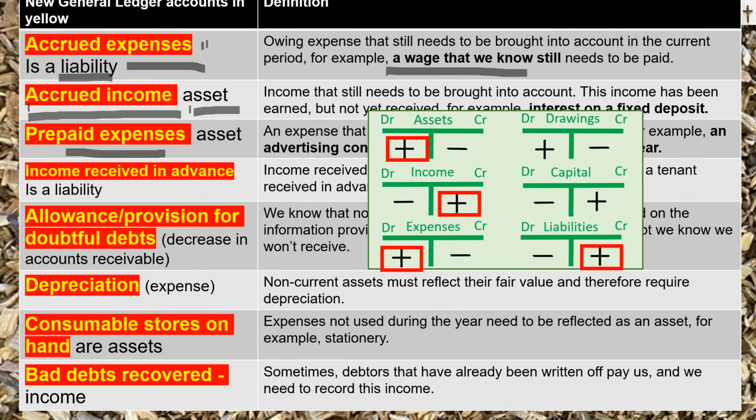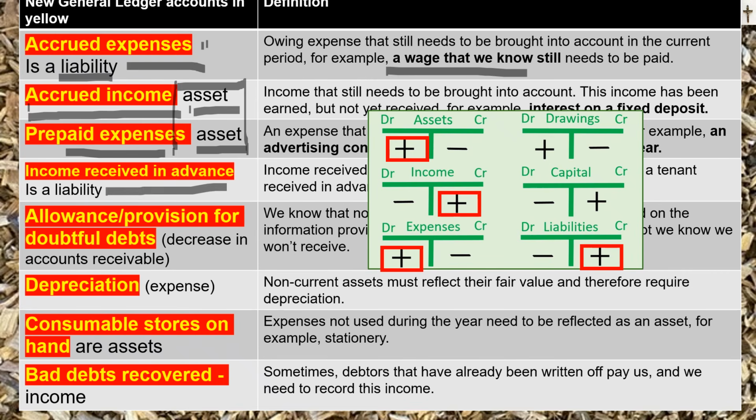A prepaid expense, we might have paid an expense which relates to next year, and we need to take that expense out of the expense account by debiting an account called prepaid expense, and we will credit the relevant expense account. Prepaid expenses, current asset. So there we've got two items that will fall underneath current assets in the statement of financial position.